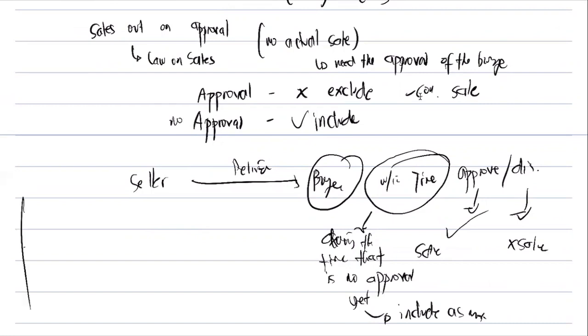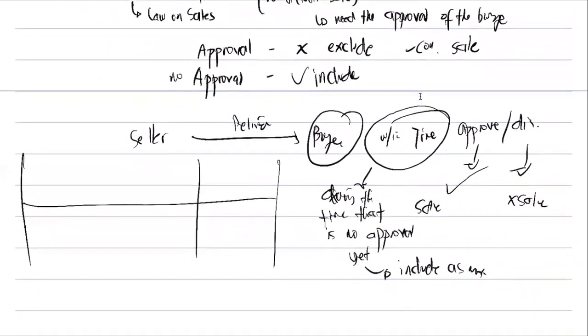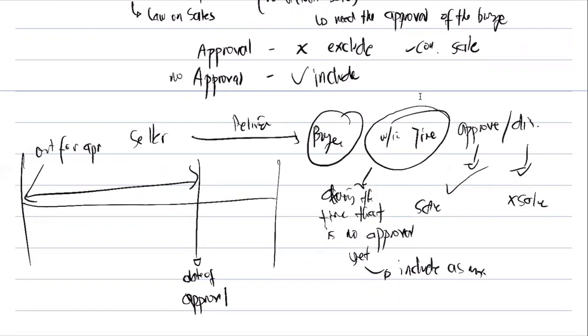So kumbaga kung titingnan mo, ito yung timeline. So this is the date of approval. From the date that it is out for approval, let's say this date, up to the date of approval, it is still included in the inventory of the seller.